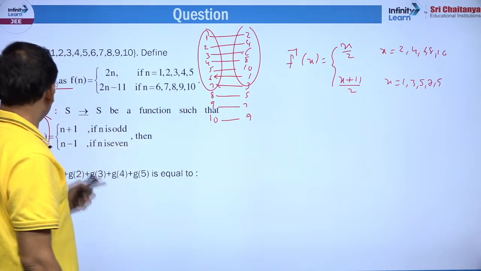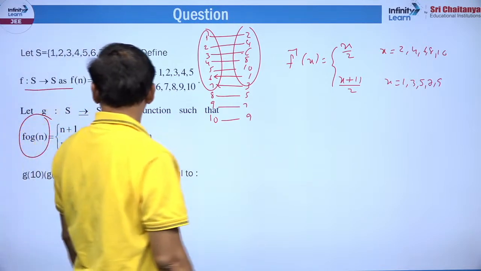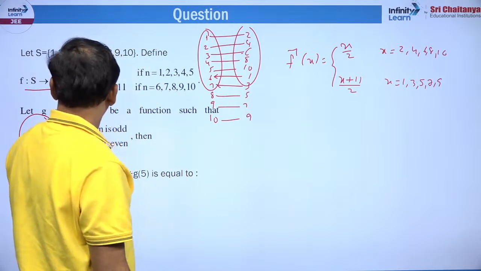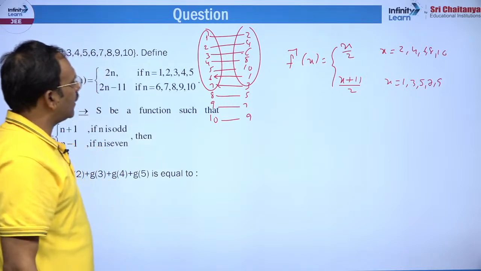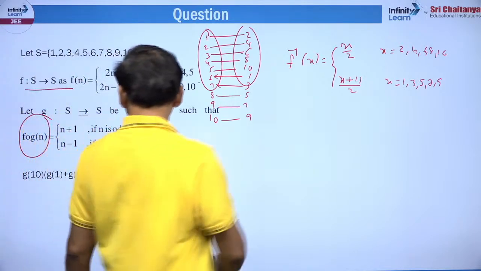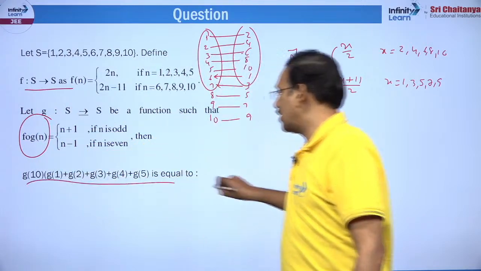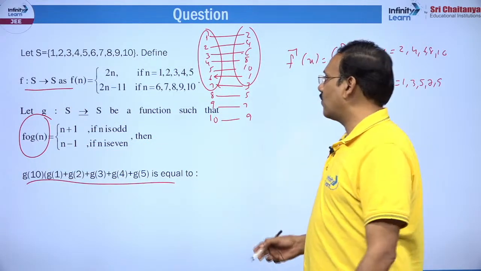Now f circle g is given, so you can write, I just want g of x, my dear friends. Because finally I want these values, right. So g of x I want.